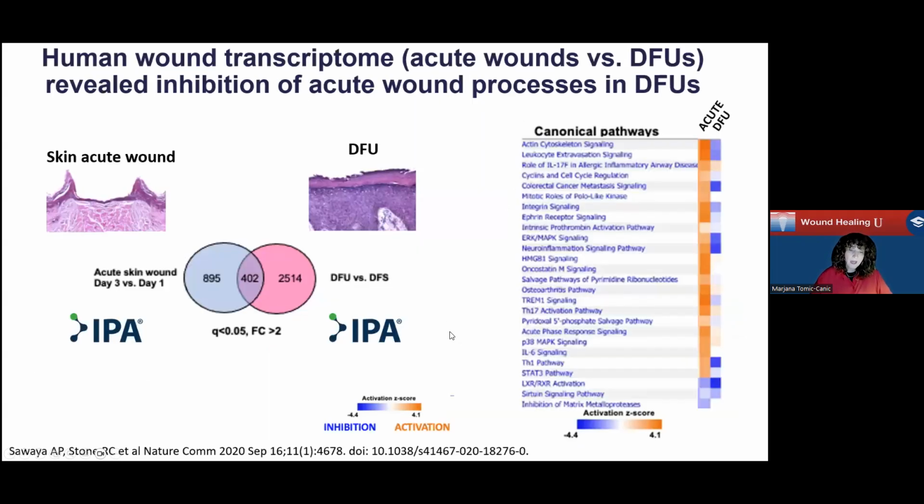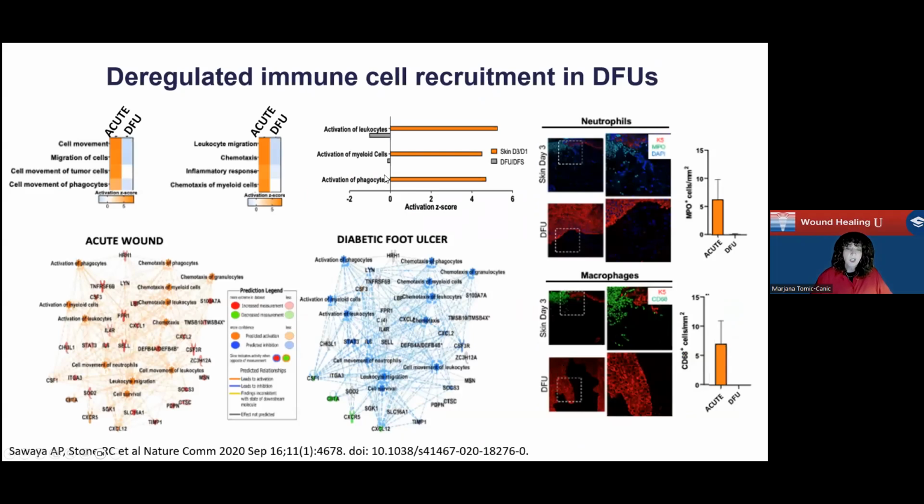And so this is one of the examples where we did bulk RNA sequencing and compared skin acute wounds to diabetic foot ulcers. I'm not going to go into this because it's published, but it's important. We started with human specimens from diabetic foot ulcers.